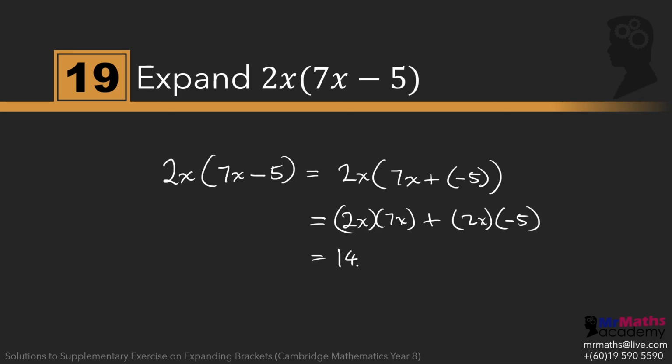So that is 14x squared plus a minus 10x, because we have a positive expression to be multiplied by a negative number, so the answer is a minus number. So now we have plus meeting with minus, so that gives us 14x squared minus 10x.